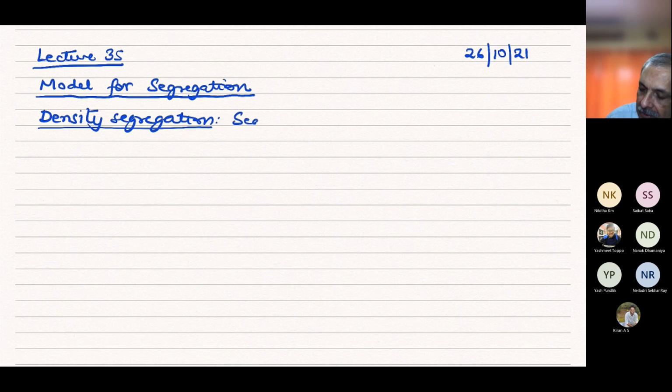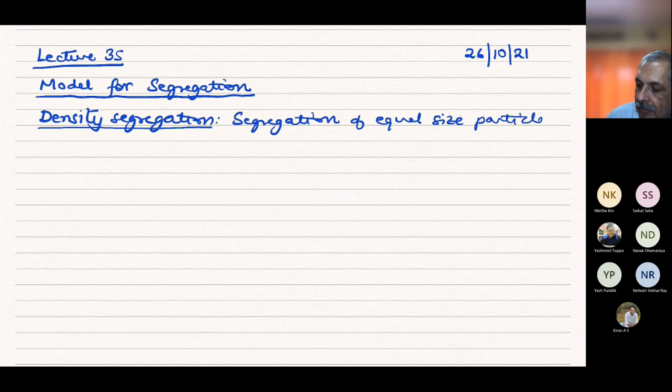So we want to look at segregation of equal size particles, but with different density.